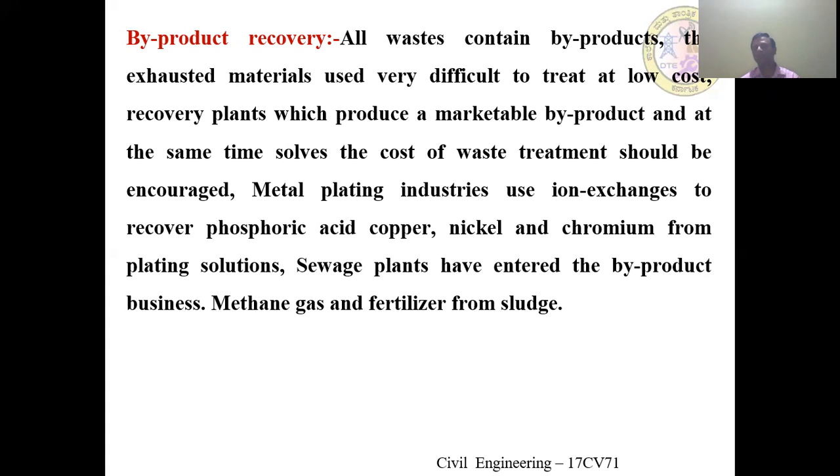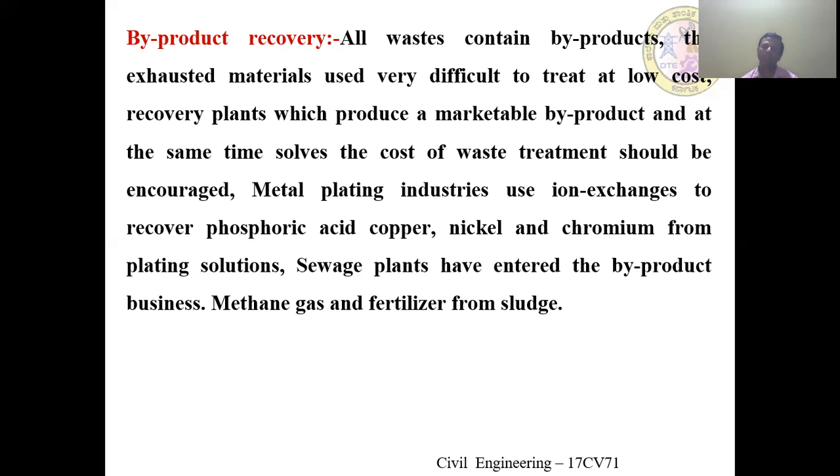So at the beginning only, we are going to reduce the effluents to a normal unit, and you're getting value-added byproducts. Here ion exchange is used in getting back some of the copper, nickel, chromium materials, which can be used for other purposes. Even in food processing industry waste, some amount of methane gas and fertilizer can be obtained.